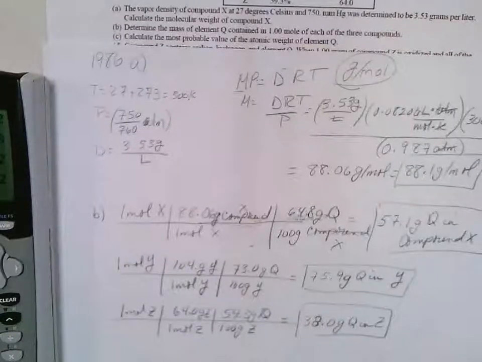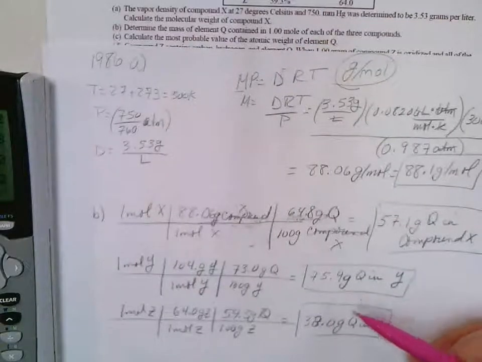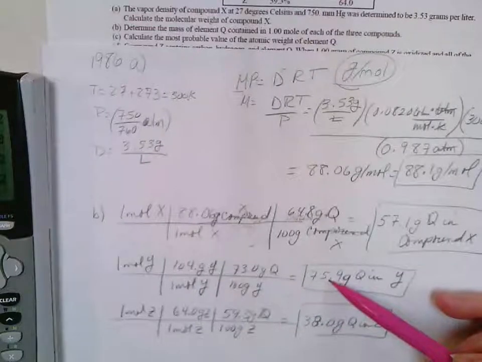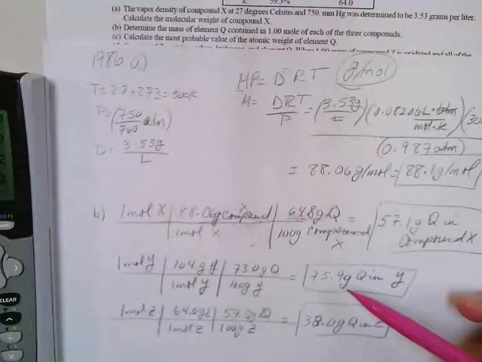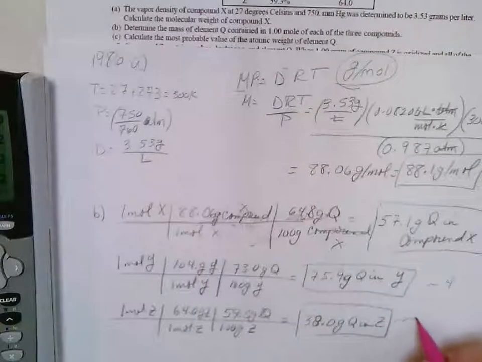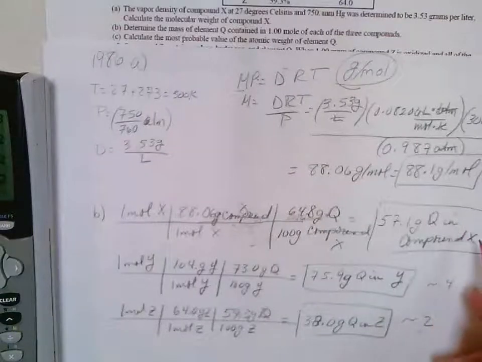They can't be odd numbers. And if we look at these, and I think there's a multiple choice question like this too. This is 2 times 19. Let's take 75.9 and divide it by 19, and I get roughly 4. This is roughly 2, and that looks like roughly 3.